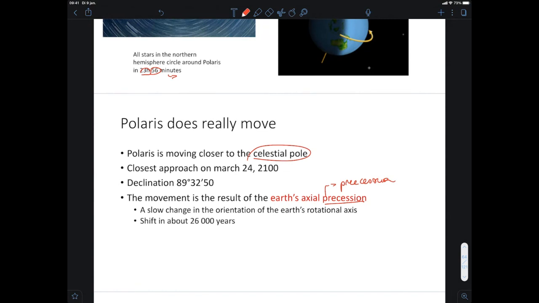Due to this precession, the closest approach of Polaris to the North Celestial Pole is calculated to be on the 24th of March, 2100. Voila, and its declination then will be 89 degrees, 32.50. So this means that this is the closest point that Polaris will ever get to the North Celestial Pole.